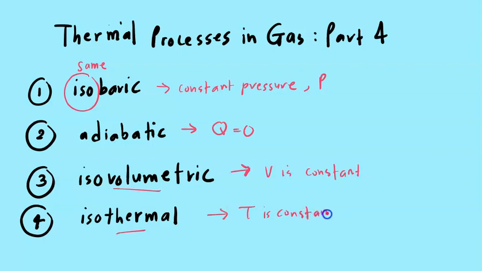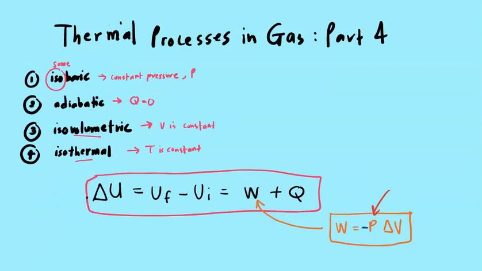Now, where is T in our equation? We have the equation, which is the first law of thermodynamics. Let me copy that really quick. If we were to talk about constant pressure, we know that our W has a constant P. And if we are talking about adiabatic, we know that our Q is supposed to be 0, which means that delta U is equal to W, because Q is 0, so you can just not write it.